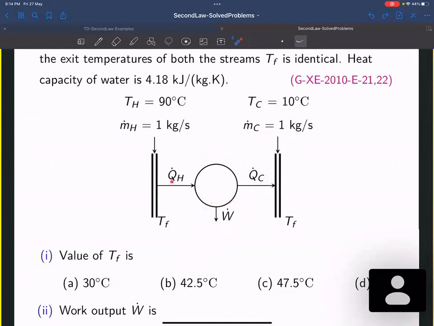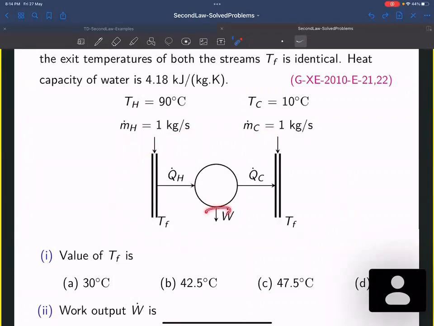Only this QH minus QC is converted. From the heat QH, only QC is given to the low temperature stream. The rest, that is QH minus QC, is converted into work. So this is a kind of reversible process.